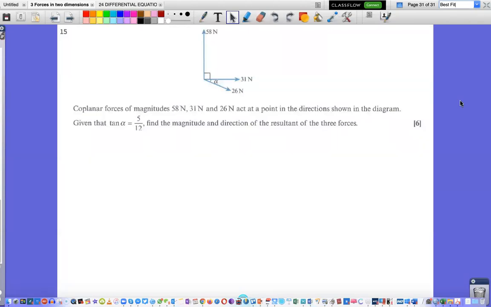Okay, we are told that coplanar forces. Coplanar means forces on the same plane. They lie on the same plane.